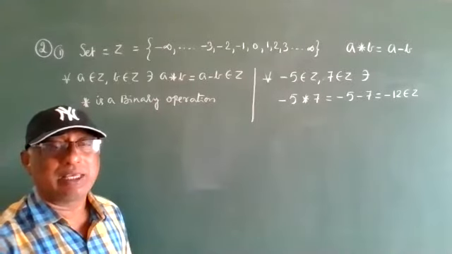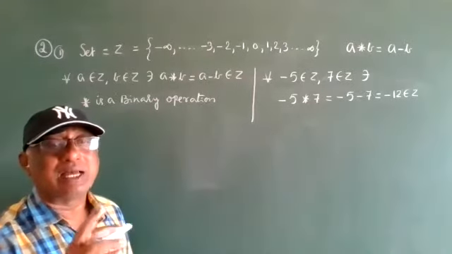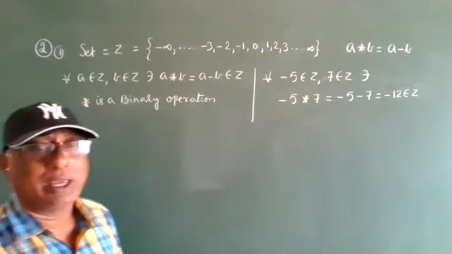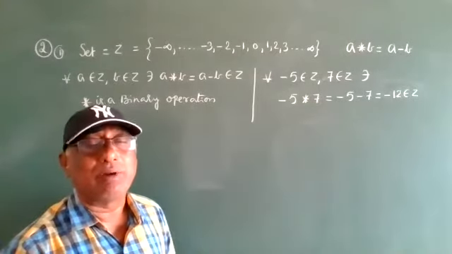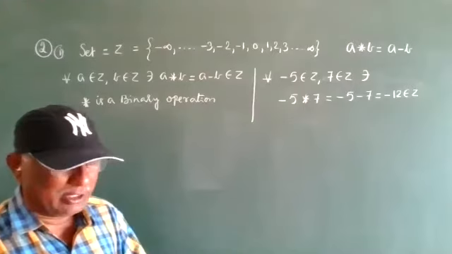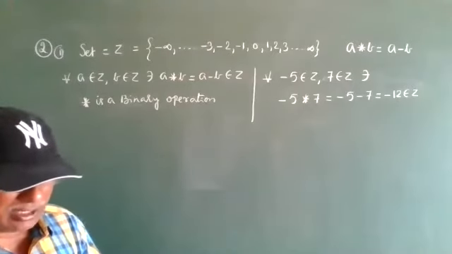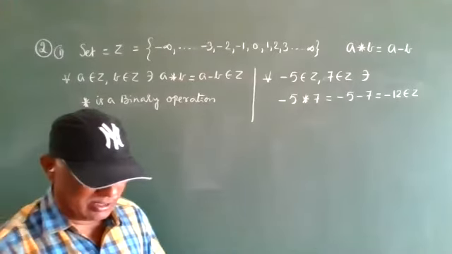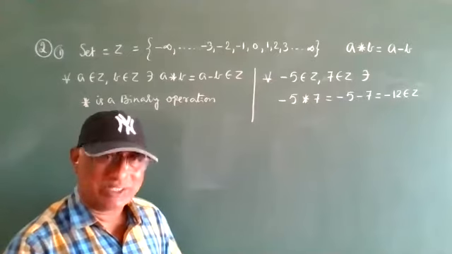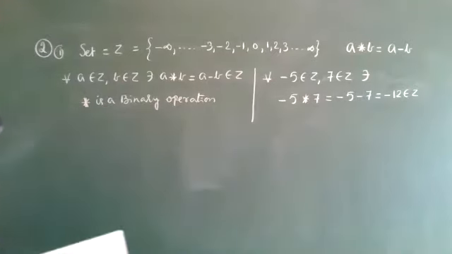If A star B and B star A are both equal, it will become commutative. Otherwise, it is not commutative. We can check whether A star B is equal to B star A.